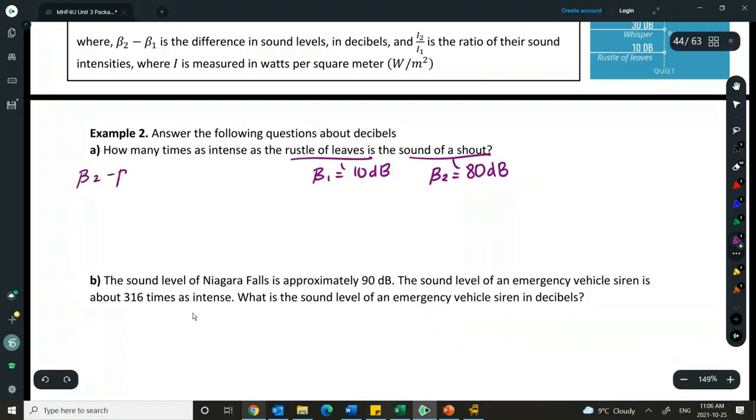Beta 2 minus beta 1 should be equal to 10 times the log of the intensity of sound 2 over the intensity of sound 1. These should be matching things, right? The intensity of sound 2 should match with beta 2. The intensity of, oops, sorry, this should be 1. Don't know why I put a 2 there. The intensity of beta 1 goes along with the intensity of sound 1.